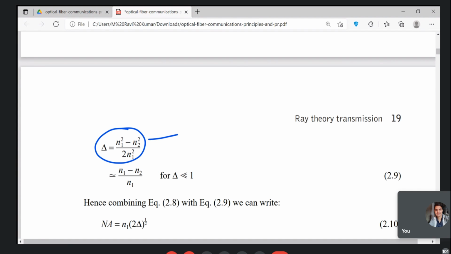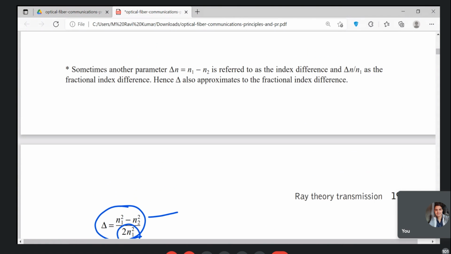Then the twice n1 in the denominator cancels out with the twice n1 that we approximate in the numerator. So this is an approximate value of the relative refractive index difference. Clear?